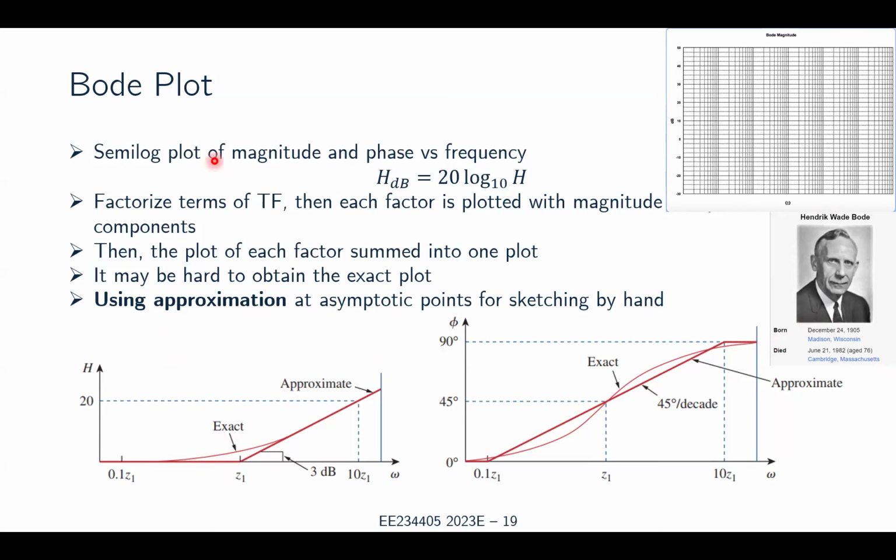And yeah, it was developed by Hendrik Bode, I think. I think he is a prominent control engineer and control theorist. This Bode plot, I think it's very useful to know how the system behaves over different frequency ranges, right?